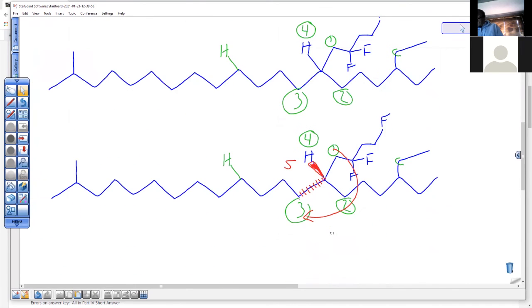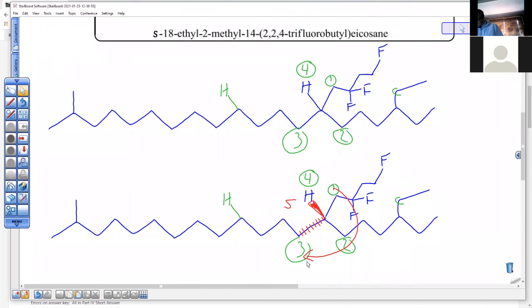If it doesn't match what the question asks, here it's clockwise, here it says it needs to be counterclockwise, doesn't match. Put the 4 on a wedge, and an adjacent bond gets the dash. Whatever you're looking at, this direction here means you're getting the opposite answer. It is not R, therefore it is S. It's S. Okay.